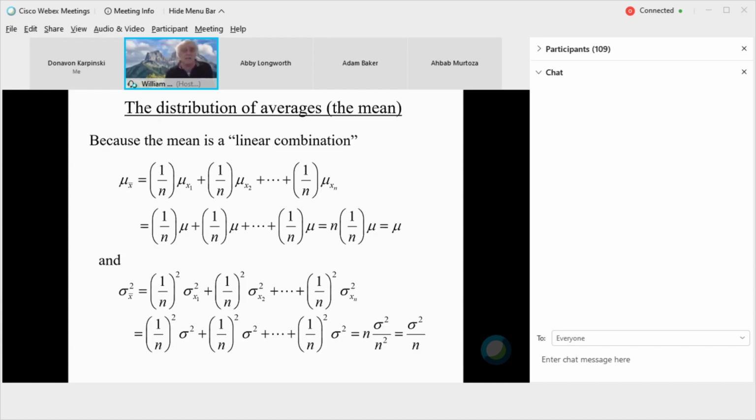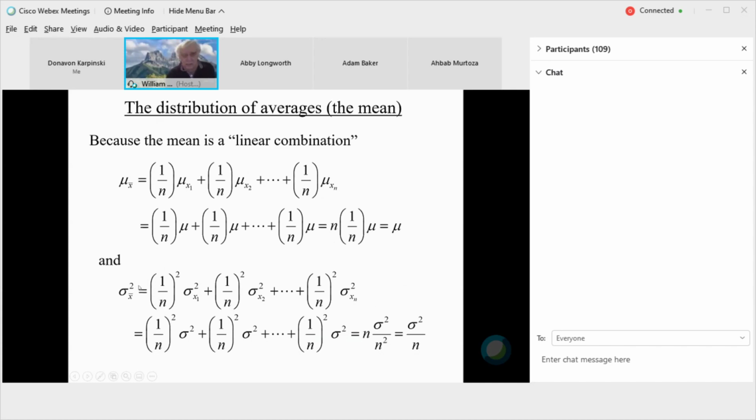The mean of x bar, you compute from the means of x1, x2 up to xn. Those are all equal to mu. The weights are all 1 over n. So there'll be n values all equal to mu over n. When you add those up, they'll be equal to mu.